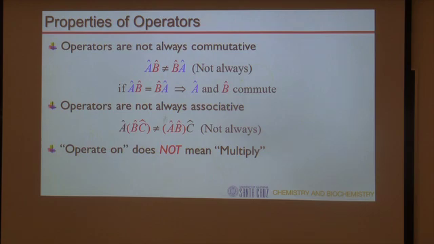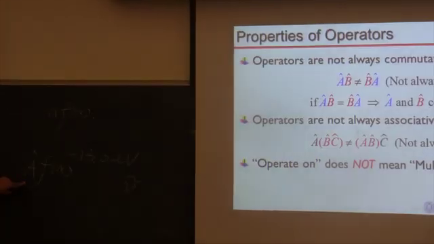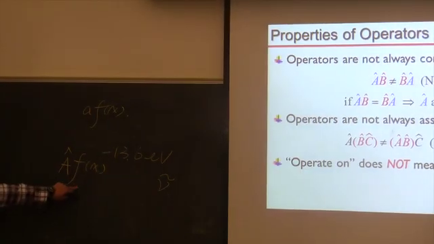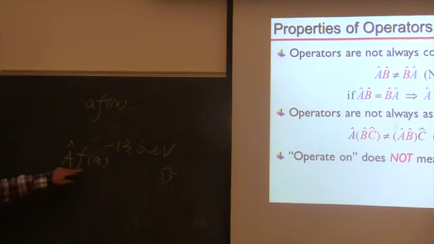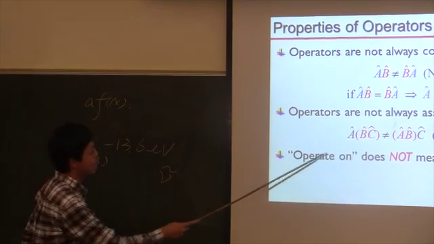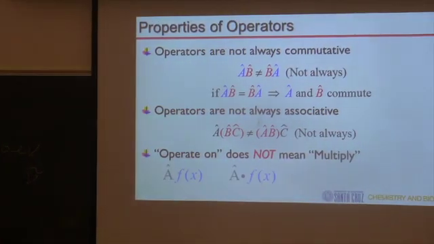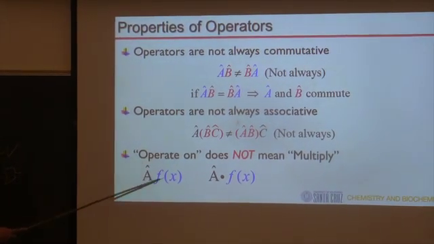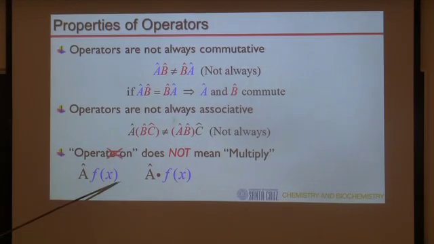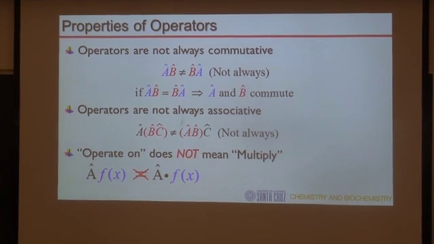Well, if you read it that way, you completely misunderstand the meaning of an operator. So this is how an operator operates on the function. So here I want to emphasize that operate on does not mean multiply. A operating on f(x) is not the same thing as A the operator times f(x).